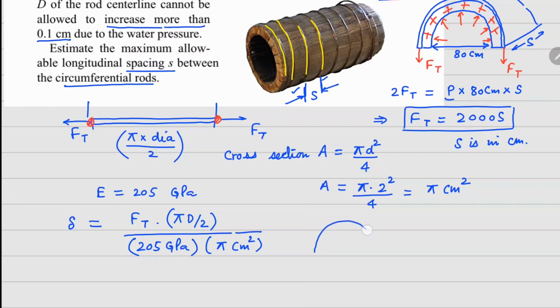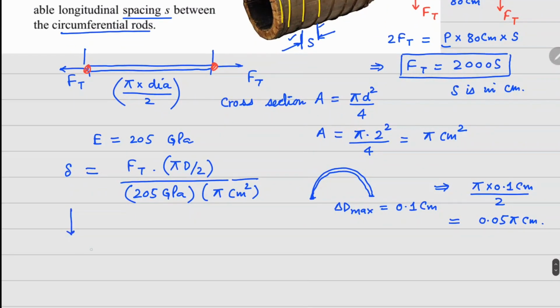Now if you consider this half rod that we have, and your delta D max is given as 0.1 centimeter, this will change the perimeter for this half circle by pi times 0.1 centimeter divided by 2. So basically this is 0.05 pi centimeters.